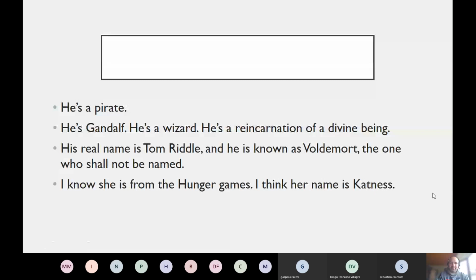So here we have some sentences that you stated, right? He's a pirate. He's Gandalf. He's a wizard. He's a reincarnation of a divine being.